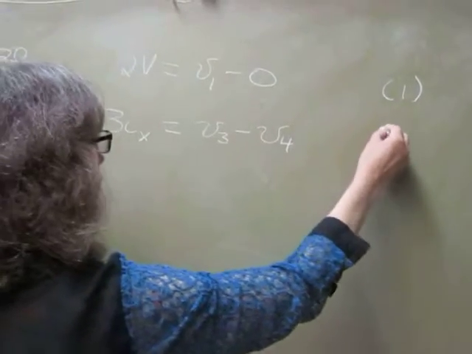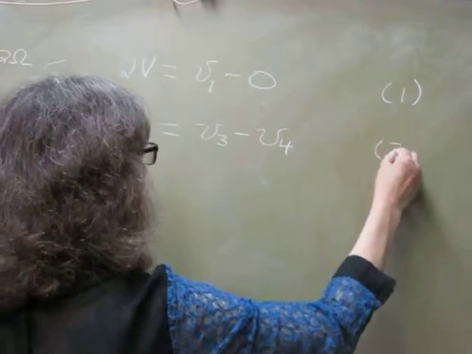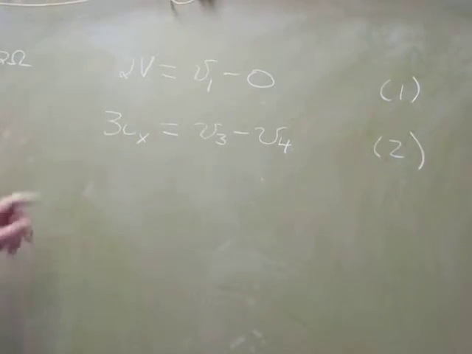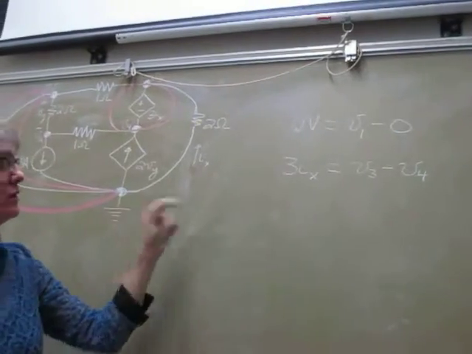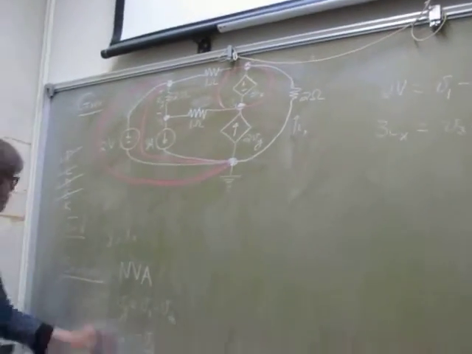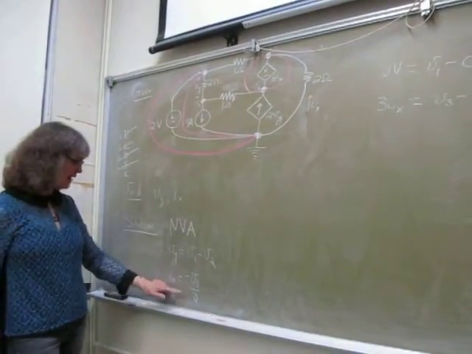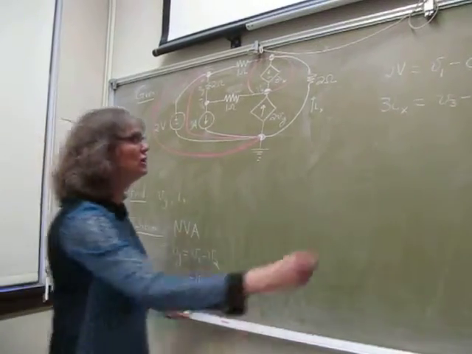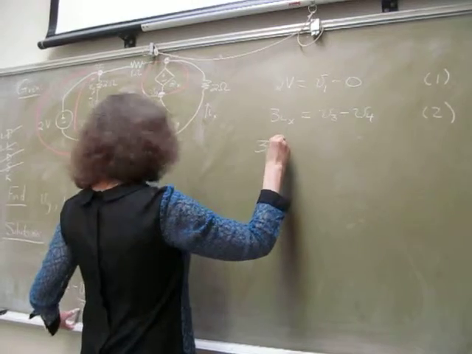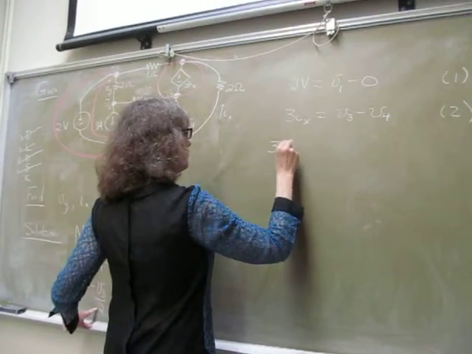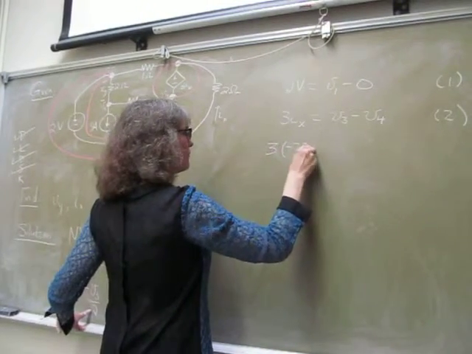This is the second one, but I'm a little uncomfortable with it because I've got an unknown in it that's not a node voltage. But look, that's what step 3 was about. I know that Ix is V3 minus 0 over 2. So I actually might want to rewrite this. 3 times minus V3 over 2.